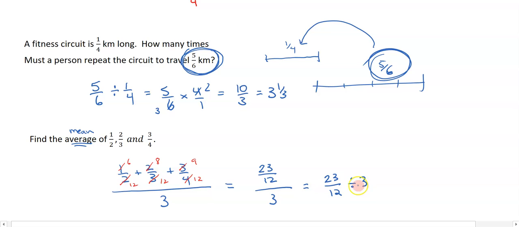And now that it's a division question, or 3 over 1, we can rewrite it as a multiplication, 23 over 12 multiplied by 1 over 3. I don't see any canceling, so now I just multiply my numerators and multiply my denominators. So the average, or arithmetic mean, of those three fractions is 23 over 36.